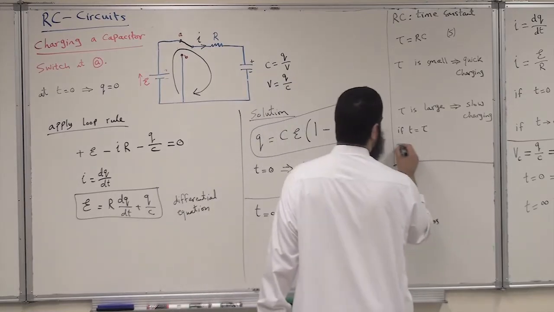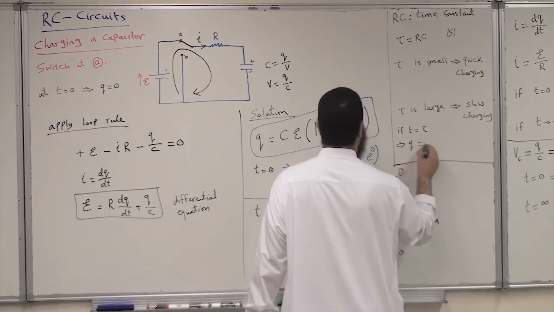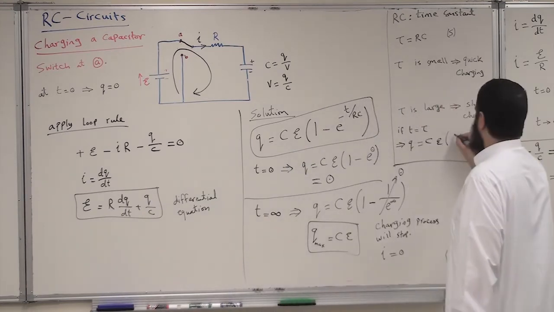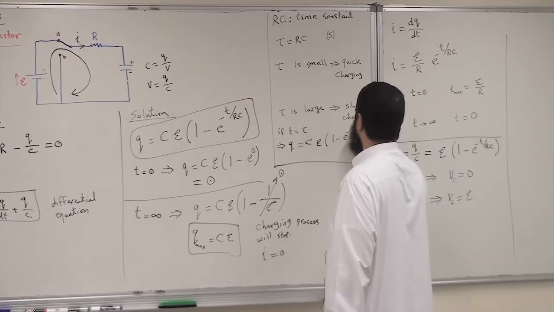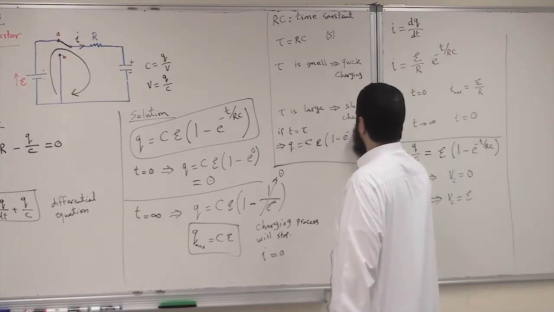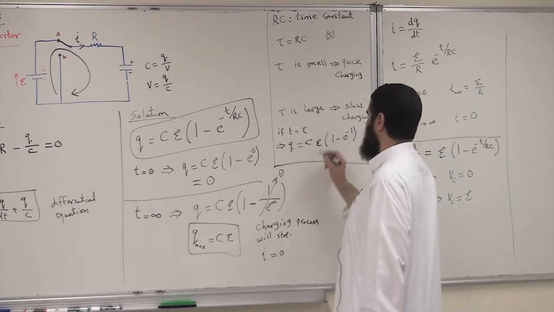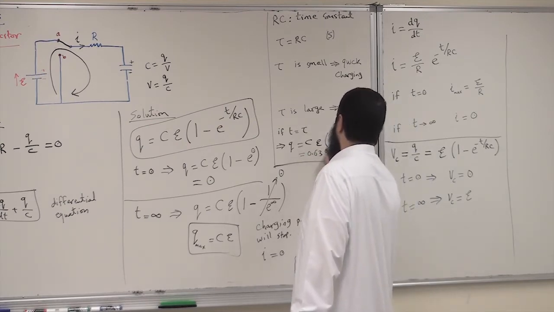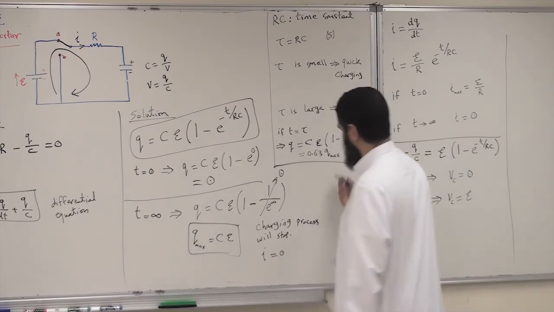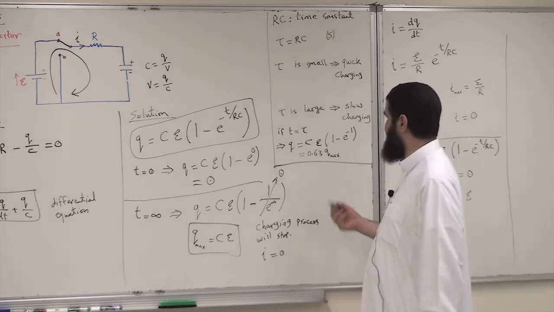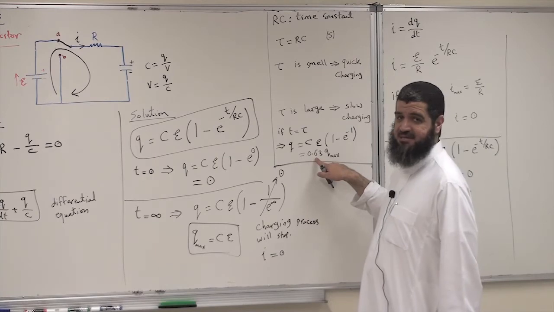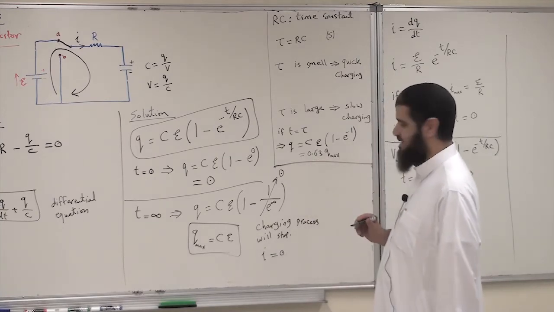So Q will be CE multiplied by 1 minus e to the minus tau over tau, which is minus 1. And this will give us 0.63 Q max. Okay, so we can define the time constant as the time needed to charge our capacitor to 63% of its maximum value.